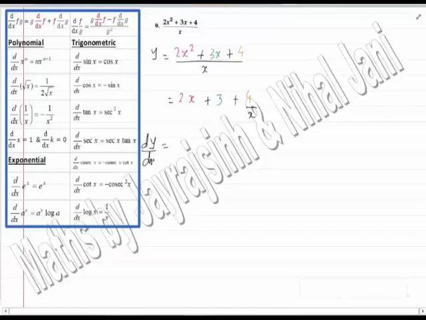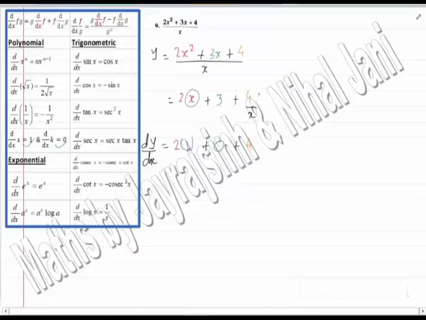Now we are ready to differentiate it, right? Let's differentiate both the sides. 2 is the constant term in the multiplication of x, so we just have to differentiate the x, and differentiation of x is 1, right? Okay, now 3 is the purely constant term, so the differentiation of a pure constant term is 0, and in third term 4 is the constant term.